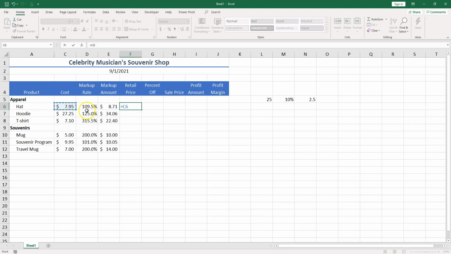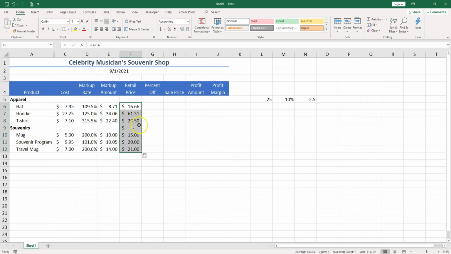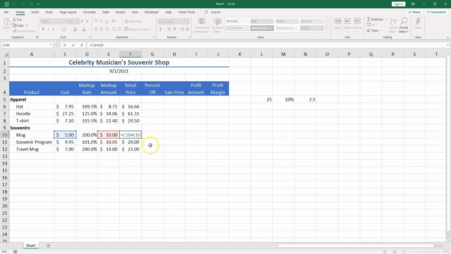So we want to have a retail price that is more than what it cost us. So C6 plus the markup amount. Okay. And there's a trick. You can use Control plus Enter to just stay in the same cell to be able to now just double click to bring it down. Remember? And you can check your formula just by double clicking to see if they worked correctly.